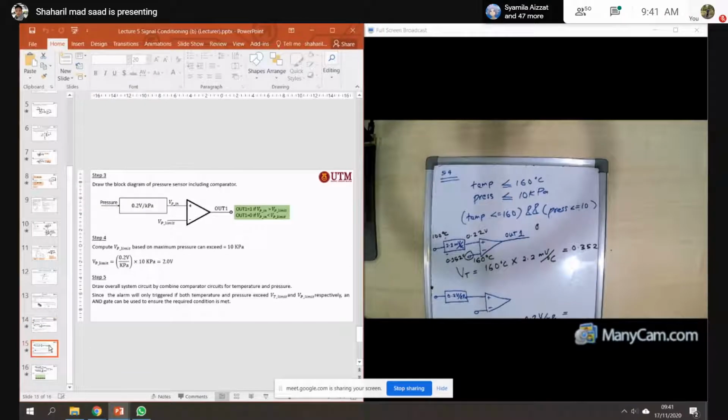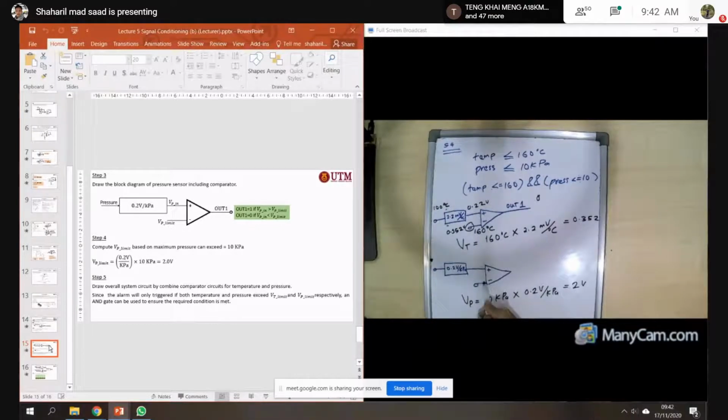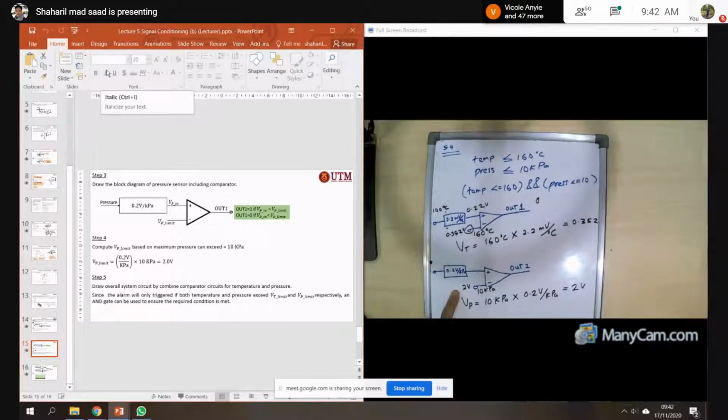So in this comparator, the reference needs to be 2 volt here. Then the output is output number 2 here. So 2 volt represents 10 kilopascal. This is the limit, the reference for the pressure transducer.